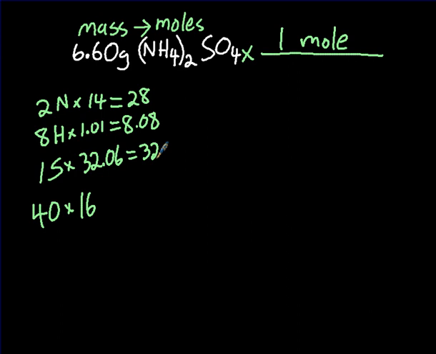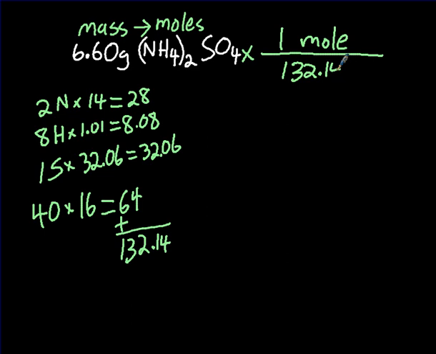That's just 32.06. And that's just 64. Now we have to add all these up. When you add them all up, you get 132.14, and that's in grams. Just plug it in, 132.14 grams.